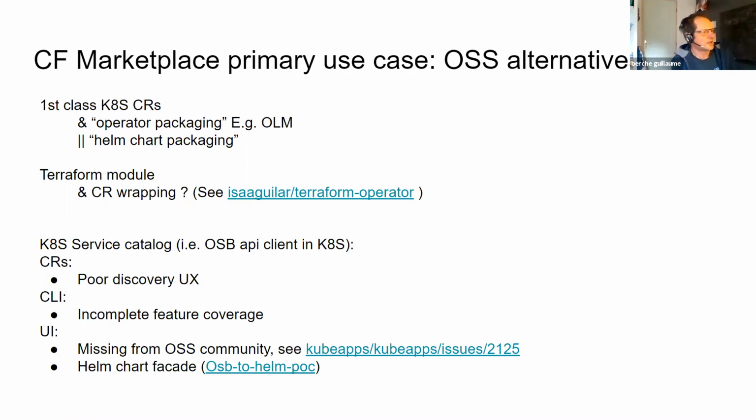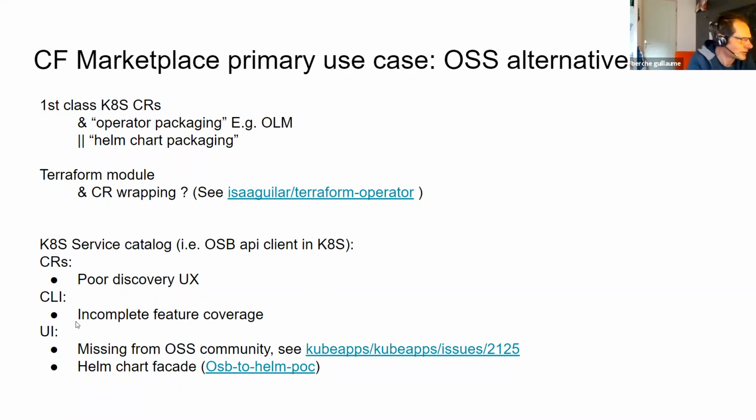And another one is to consume the OSB Marketplace through the Kubernetes Service Catalog, either through custom resources or its CLI, the Service Catalog CLI, or a web UI. Those have limitations as well, and I'll get back to them in the next slide.